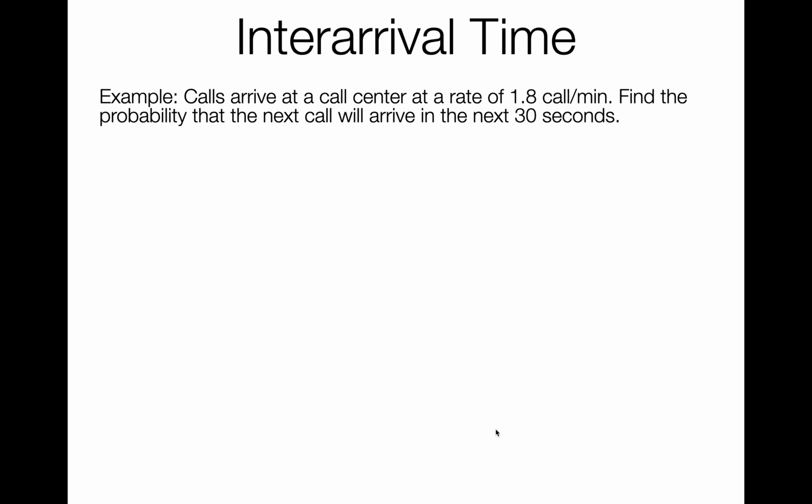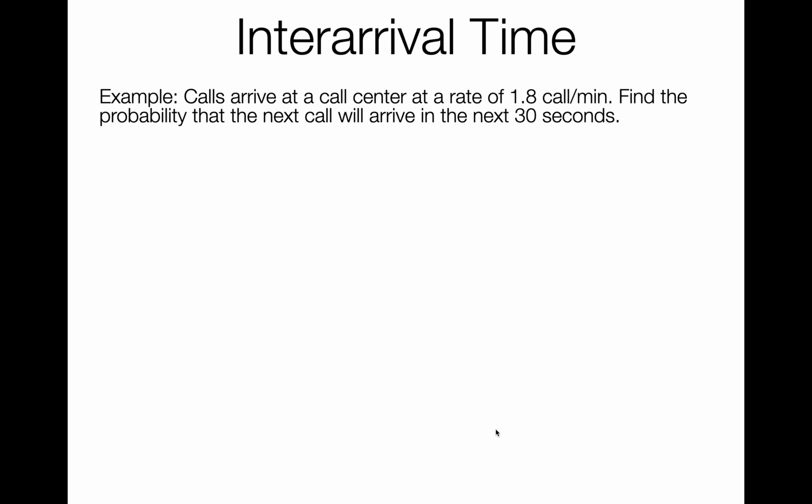So to do that, we have to now think about what kind of probability we have, in contrast to what we were doing with the Poisson process.